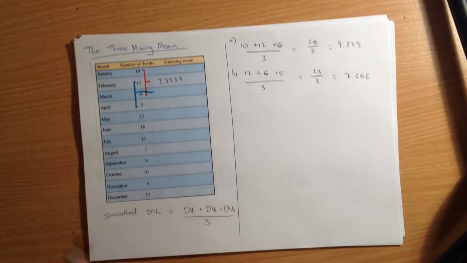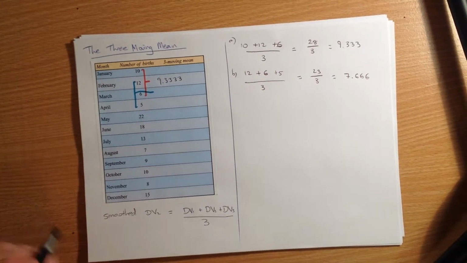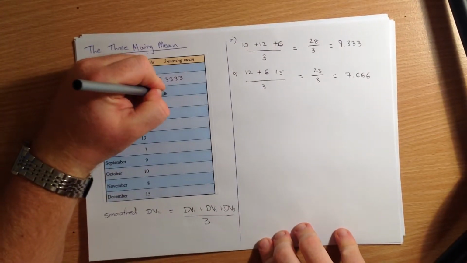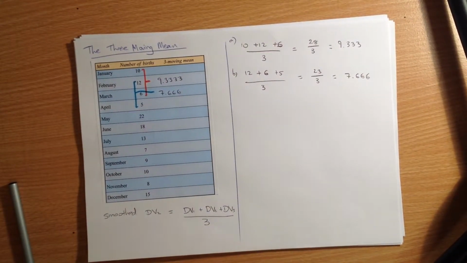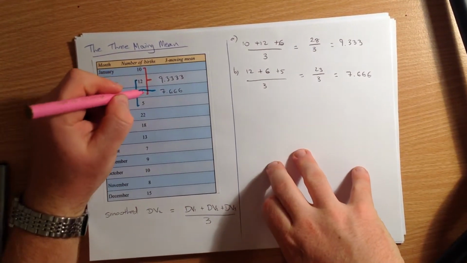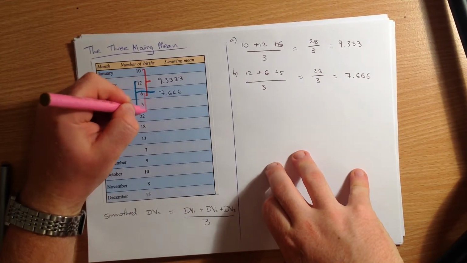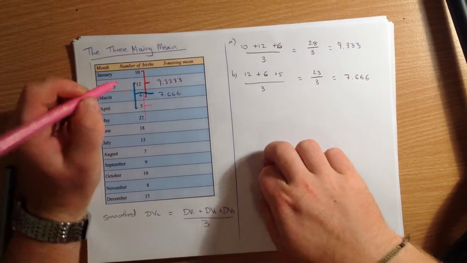I just did that in my head, so it's quite possible it's wrong. 7.666. And now we've got to smooth the next 3. Let me just get us another colour. So now let's smooth 6 and 5 and 22, and we'll smooth them across to here.